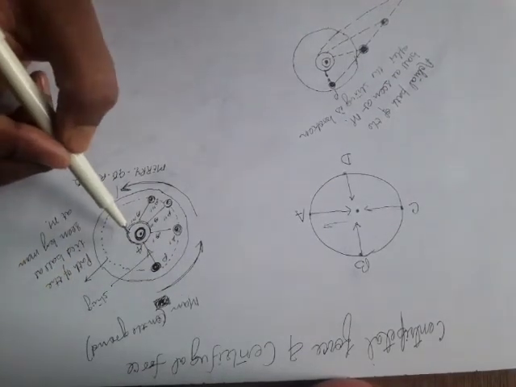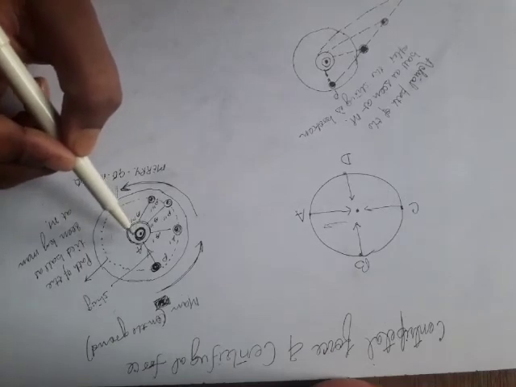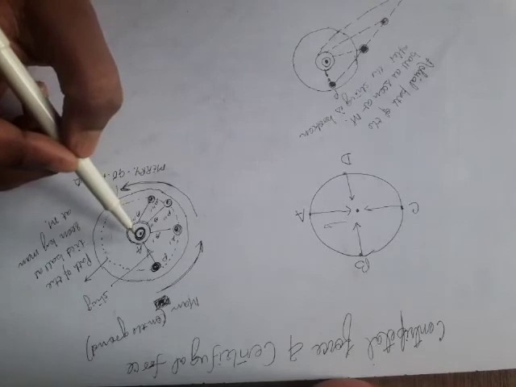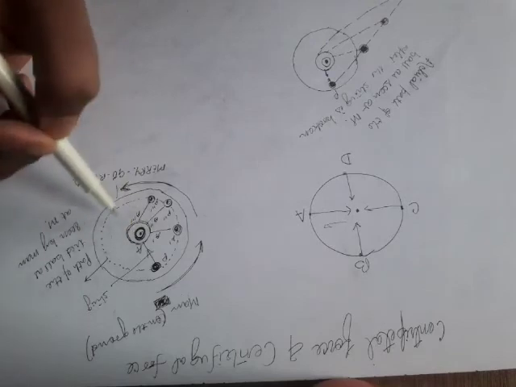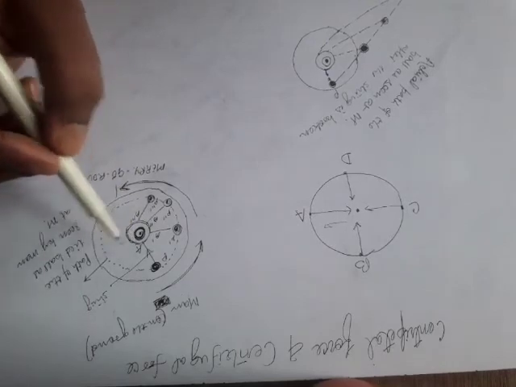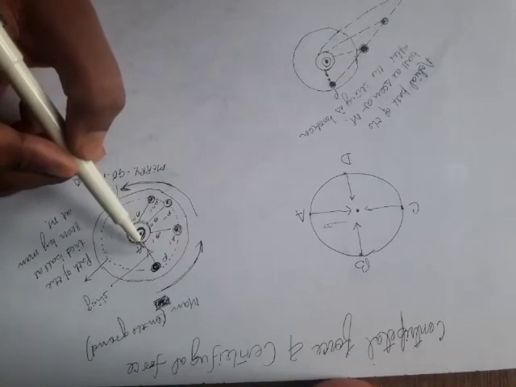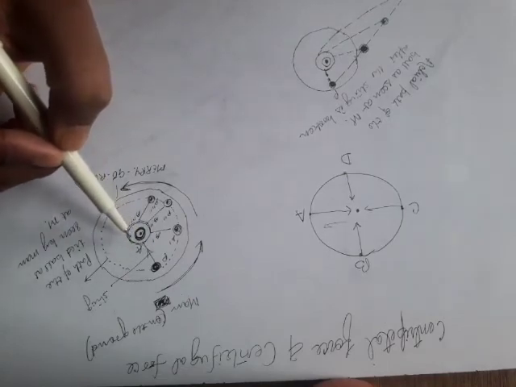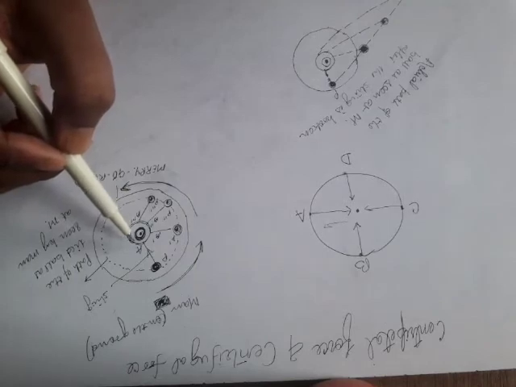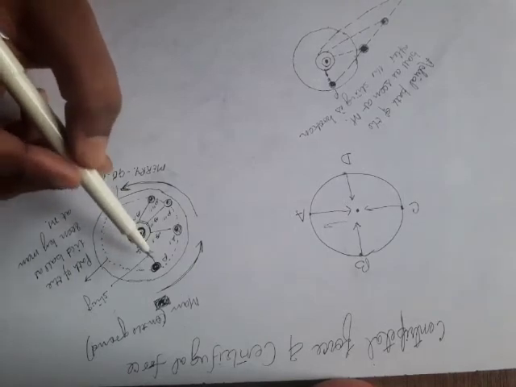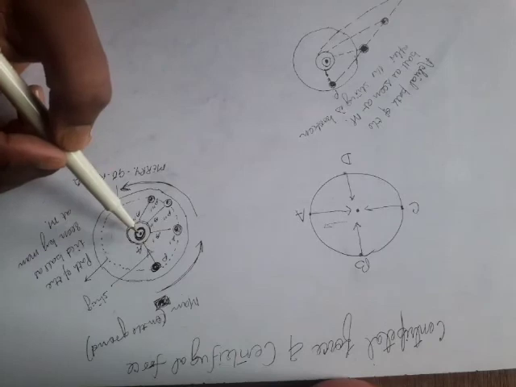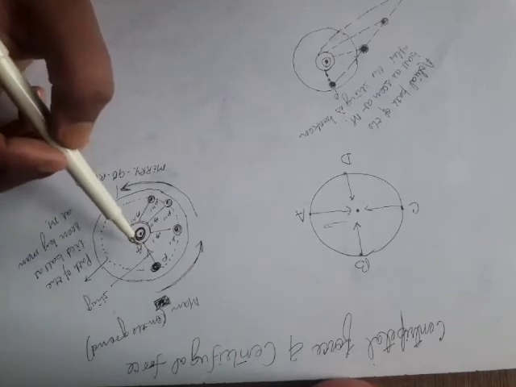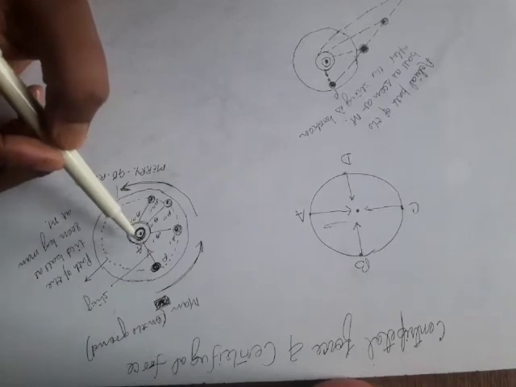But the man sitting at the center of the platform of the merry-go-round sees something different. The tension in the string provides the necessary centripetal force, and there is also an imaginary force acting here, the centrifugal force. We know that the centripetal force and the centrifugal force have equal magnitude.